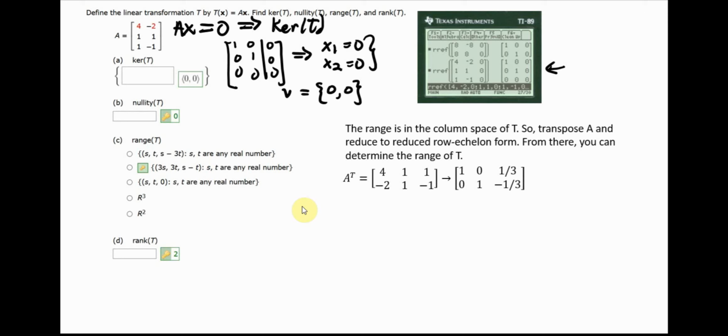And so this would be the so-called kernel of T. The nullity is 0. So nothing here works out for us. It's not like we get some kind of vector or vectors that depend on some parameter. If that were the case, then we would have at least one vector within that so-called solution space.